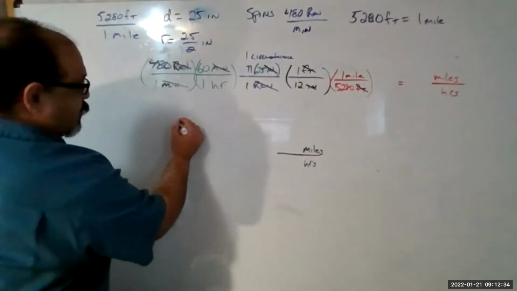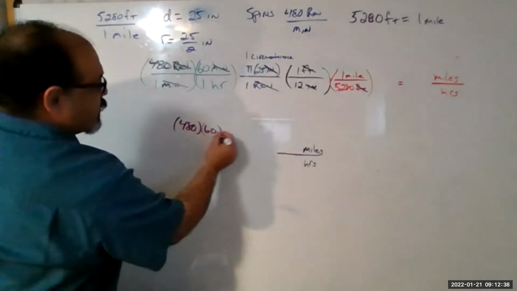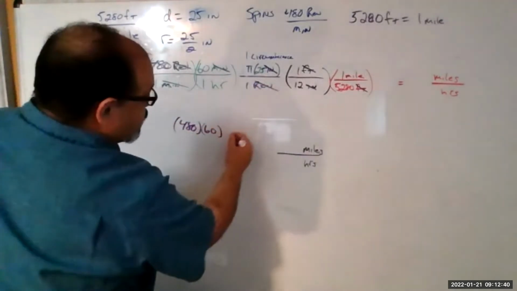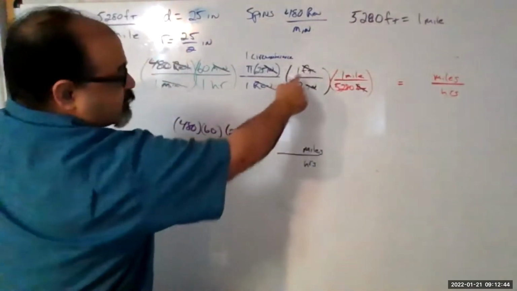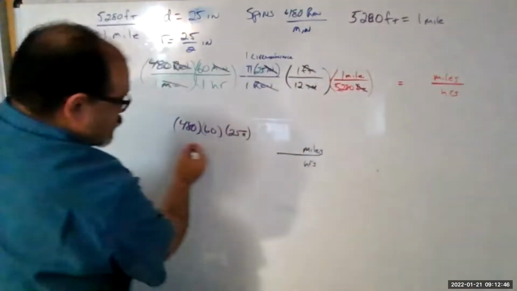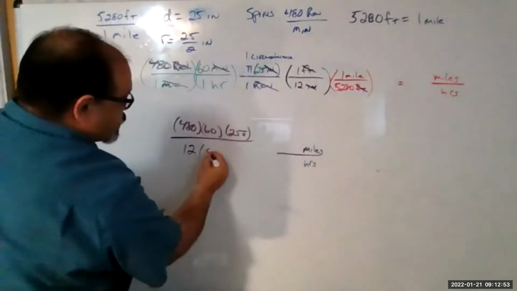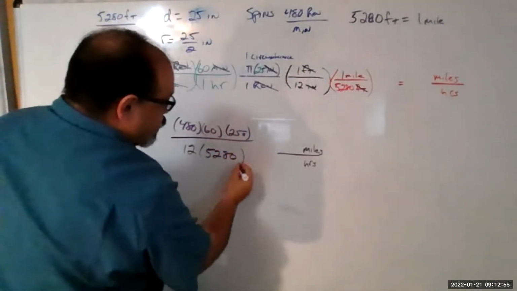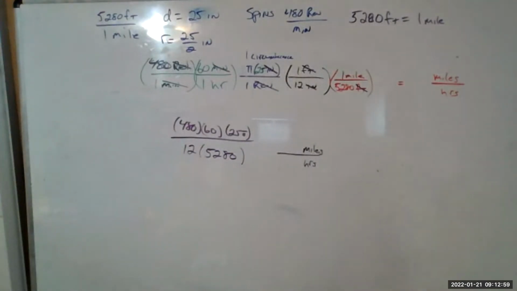Yeah, so we're gonna have 480 times 60 times 25 pi. That's it. The rest are ones. Over 1 times 12 times 5,280. And we're going to get a decimal.